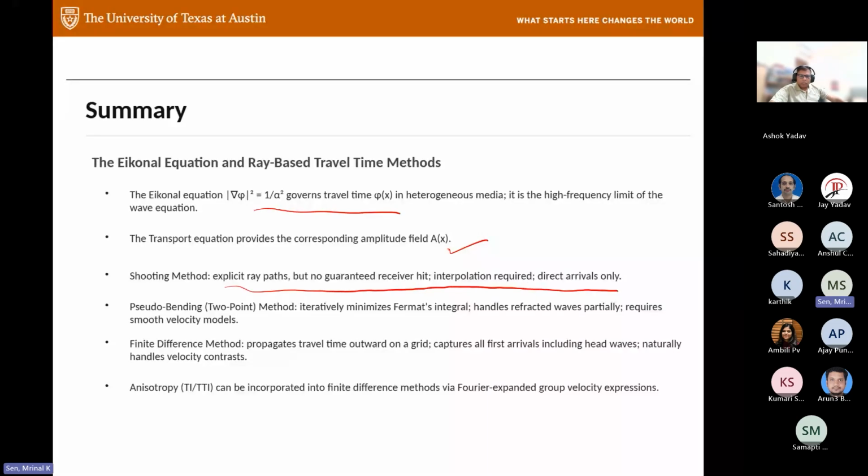Pseudo bending iteratively minimizes Fermat's integral, handles refracted waves, and requires smooth velocity model. And this finite difference based method, which I talked about, also propagates travel time onward at a grid. And TTI, VTI can be incorporated via Fourier expanding the group velocity expressions, like what I showed you earlier.